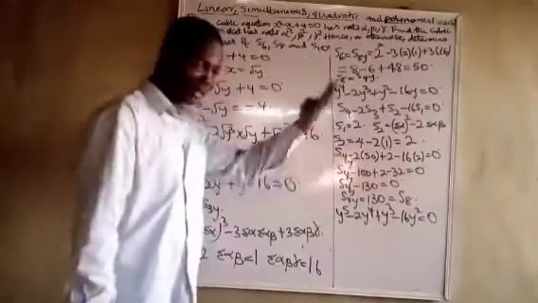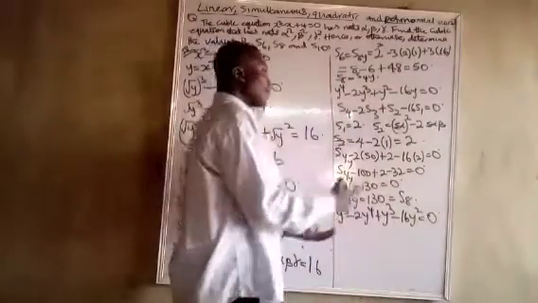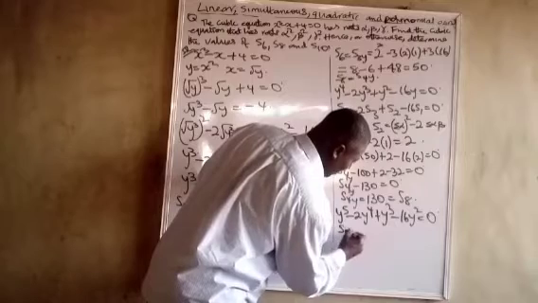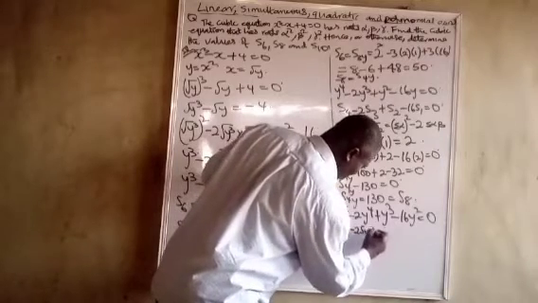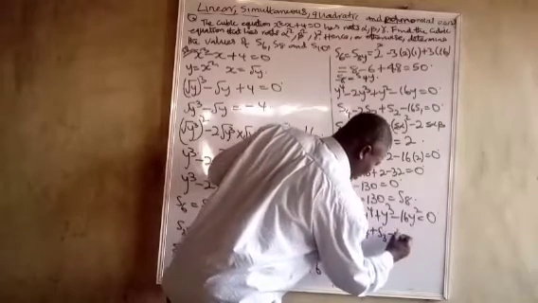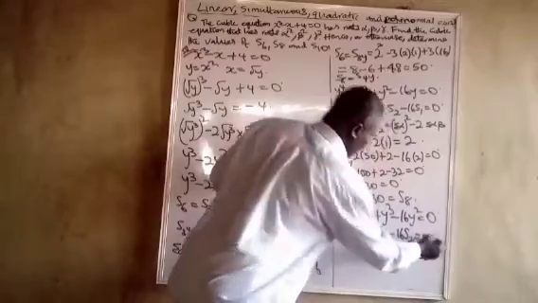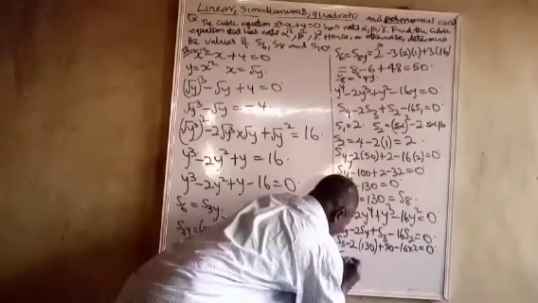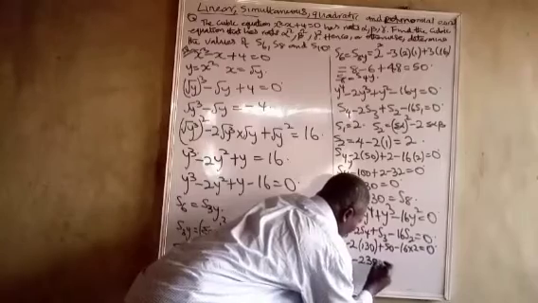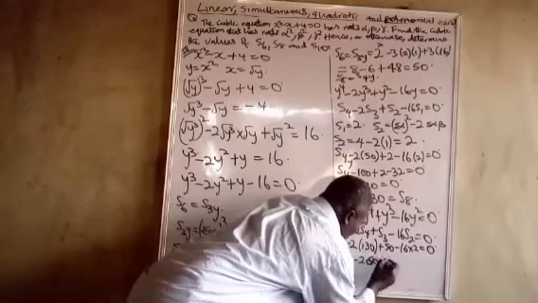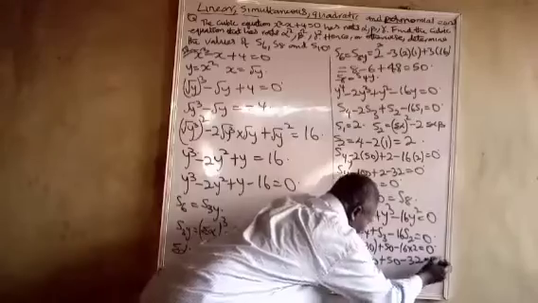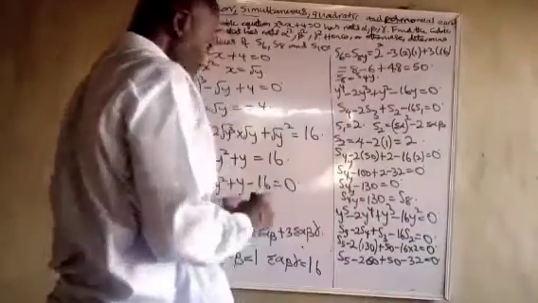So let me now express it in terms of our s, the powers. So this will be s5 minus 2s4 plus s3 minus 16s2. So in this instance, we don't have any constant. So it has made the job very easy for me. S5 minus 260 plus 50 minus 32 equals 0.